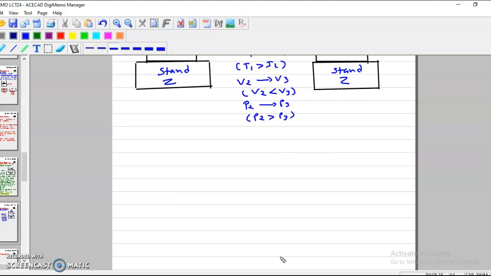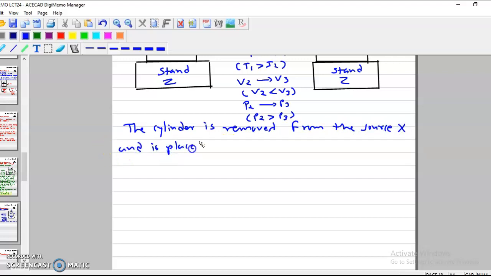Okay, so now the cylinder is removed from the source X and is placed in contact with the stand Z, which is isolated stand.